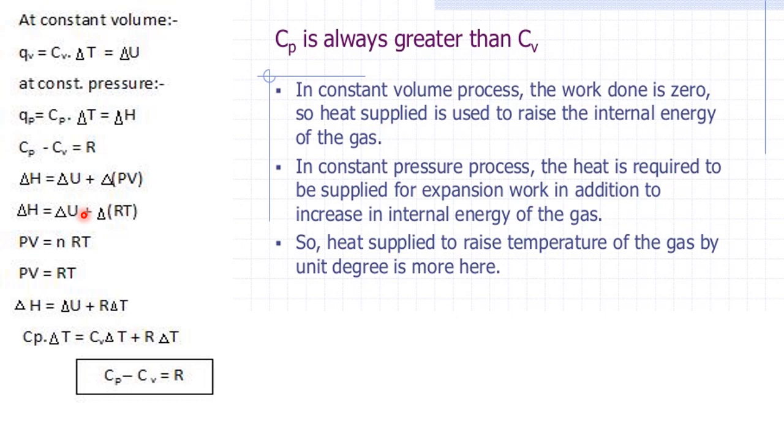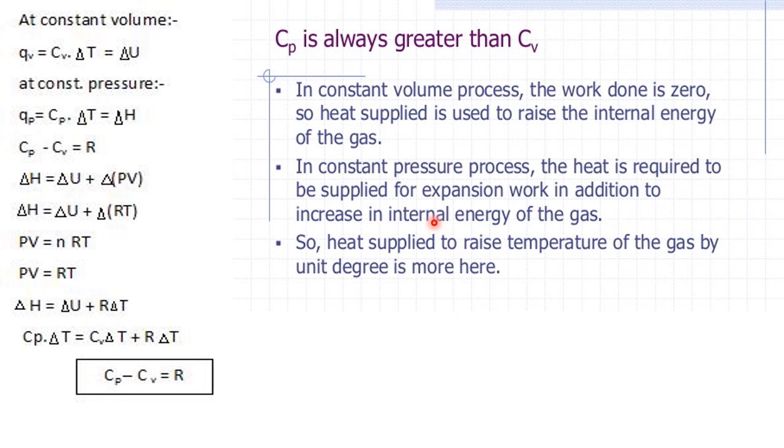Now from this equation, what can we conclude? We can conclude that Cp is always greater than Cv, or Cv is smaller than Cp. Why? Because in a constant volume process, the work done is zero. Whenever heat is supplied at constant volume, it is only changing the internal energy, so there is no work done. But in the case of heat supplied at constant pressure, where there is change in the volume, it is not only changing the internal energy, but work is also done.